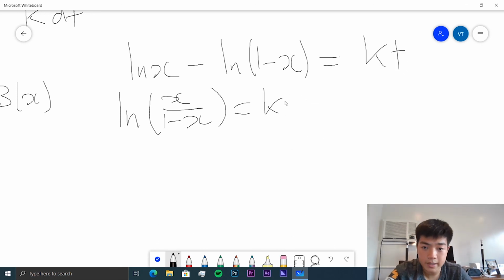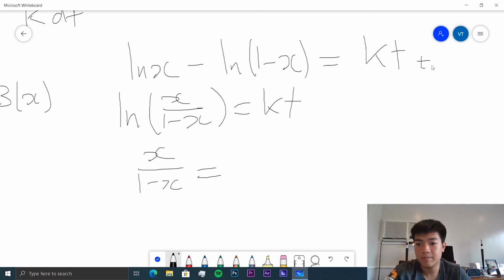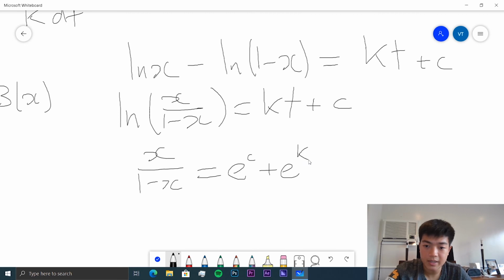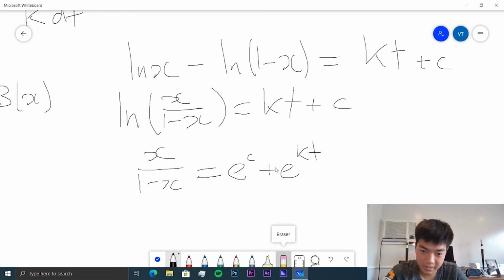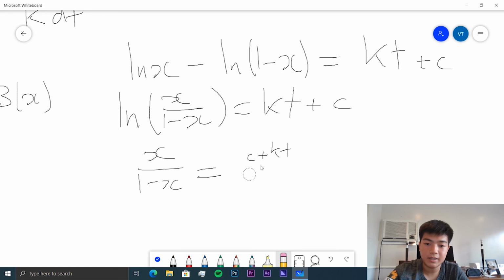So we have x over (1 minus x) is equal to e to the c plus kt. And remember, we can express e to the c as a constant, so we can rewrite this as a e to the kt. So that's done.